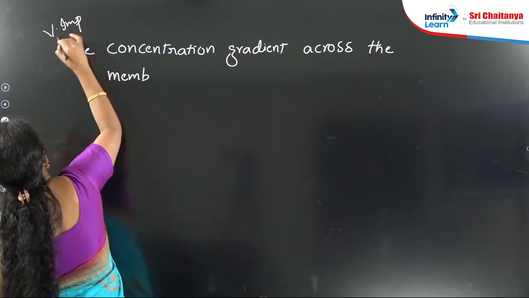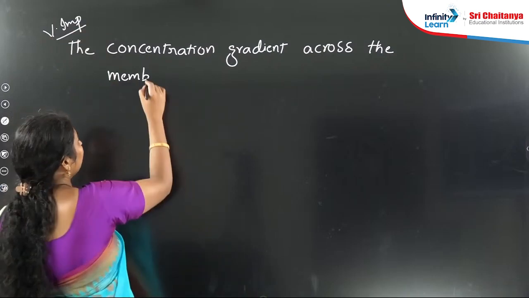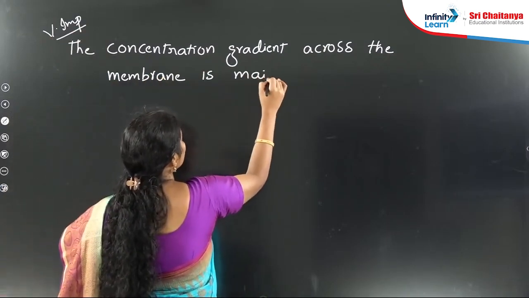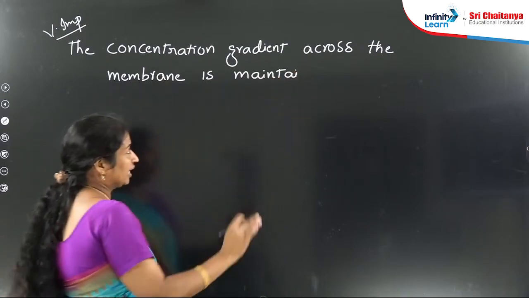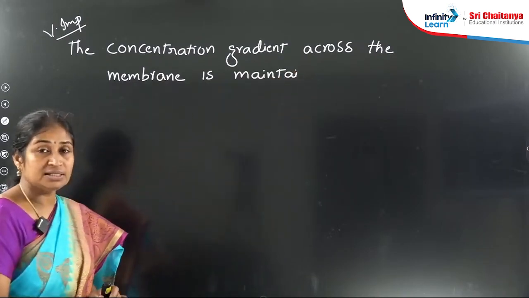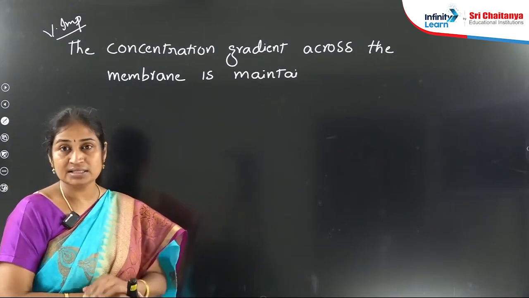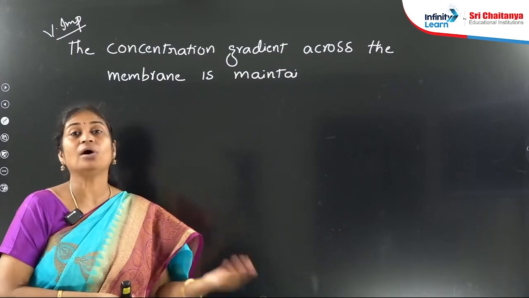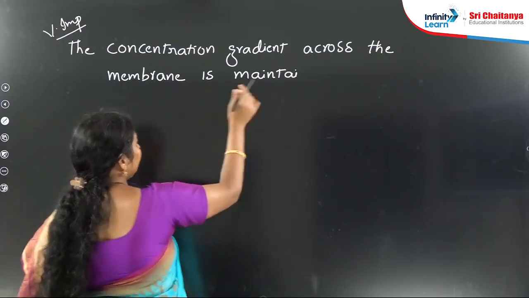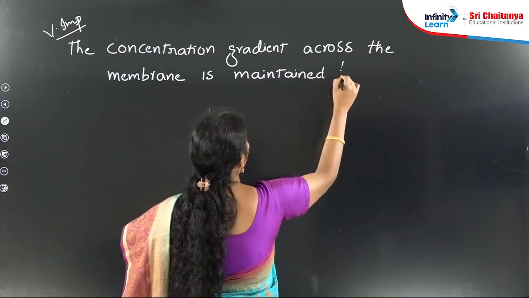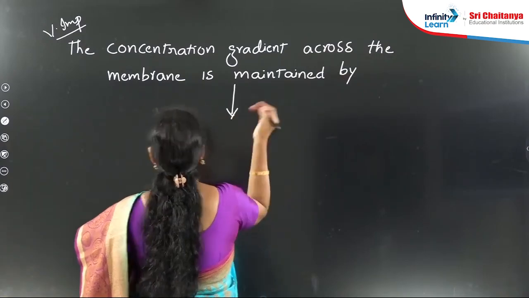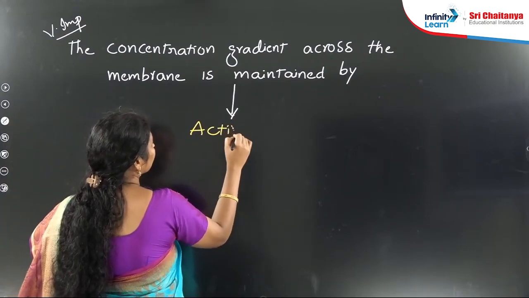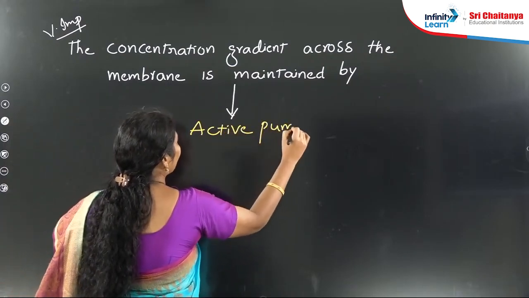The concentration gradient across the membrane is maintained. Whenever there is maintenance, only then will it exist in the polarized state. If there is no maintenance, the membrane cannot maintain the polarized state, and it may become a non-excitable state. So the membrane is maintained by a pump; what do you call that pump? As previously discussed, it is known as the active pump.